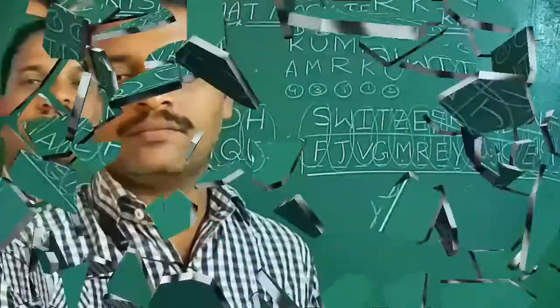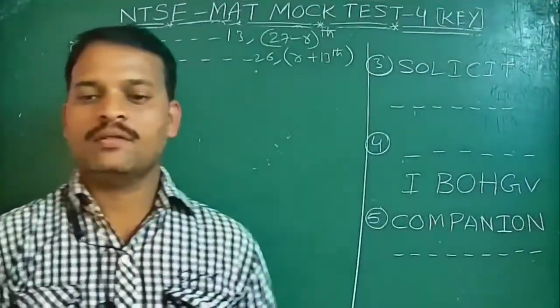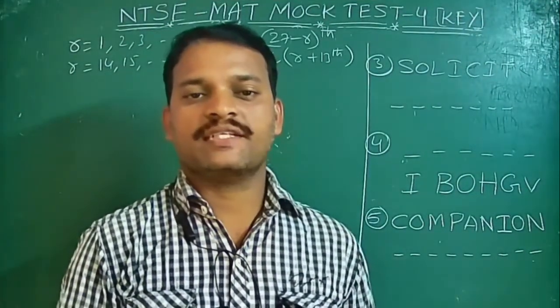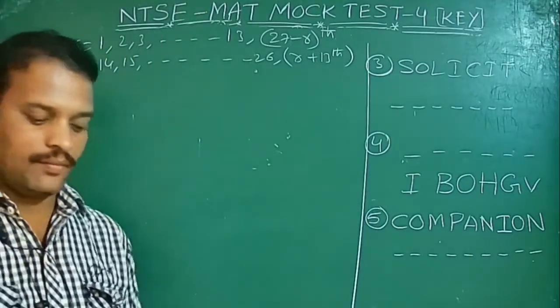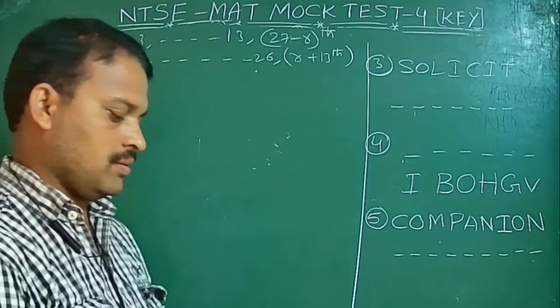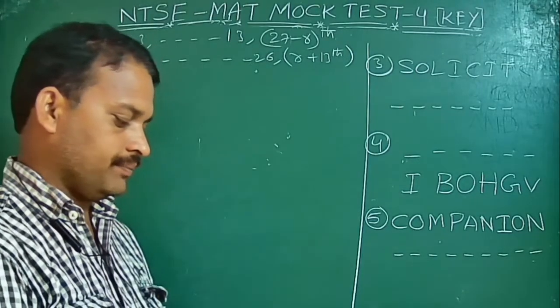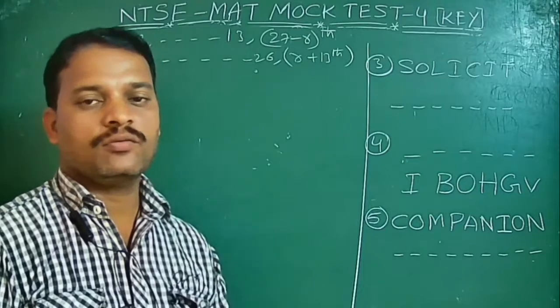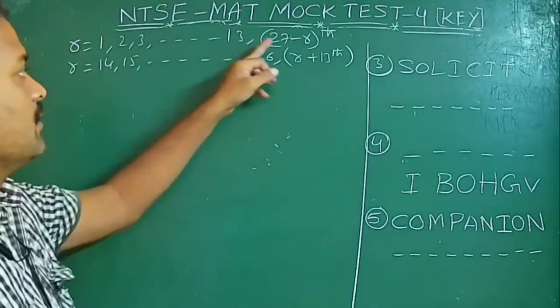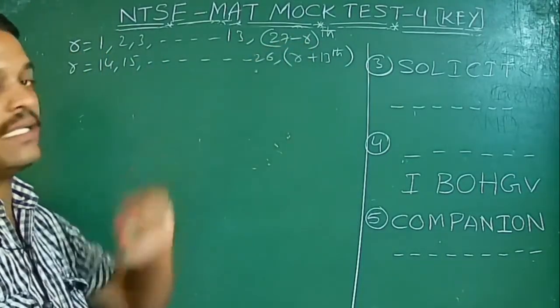So next I'm going to explain the third solution. The third question is, according to the question, for R equals 0, 1, 2, 3 up to 13, the code is 27 minus the Rth letter.